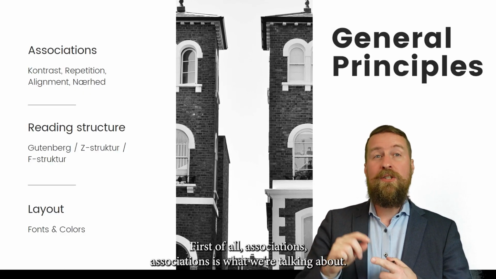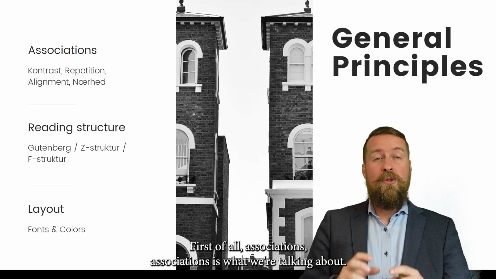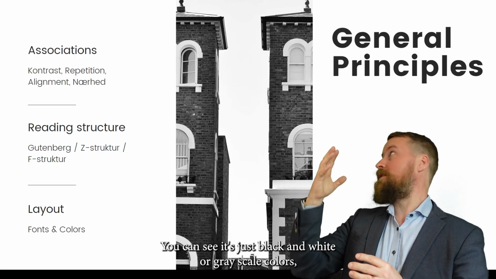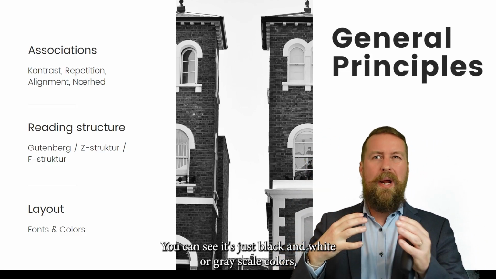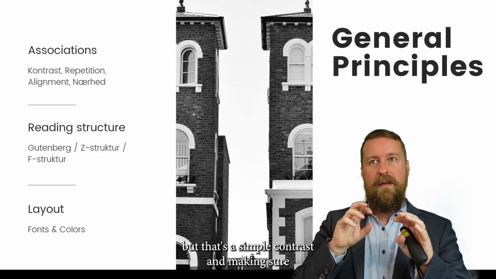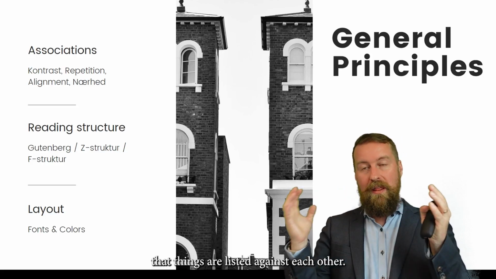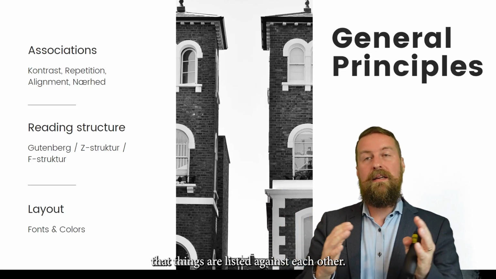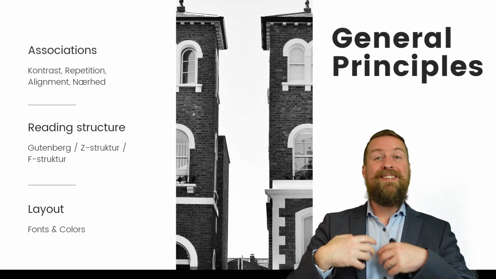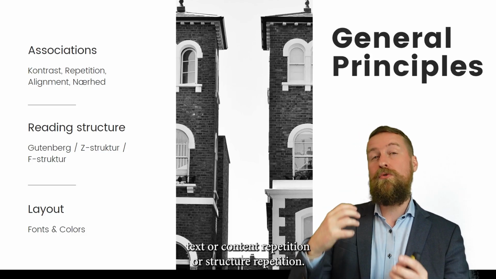First of all, associations. Associations is what we're talking about, contrast. In my slides here, you can see it's just black and white or grayscale colors, but that's a simple contrast and making sure that things are listed against each other. Then I have repetitions. That could be either text or content repetition or structural repetitions.